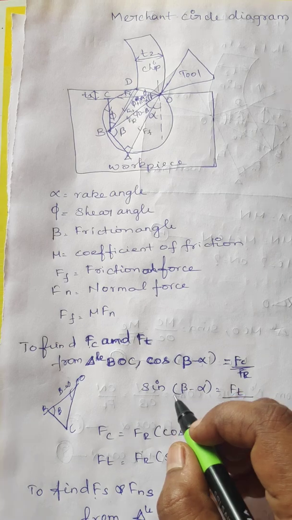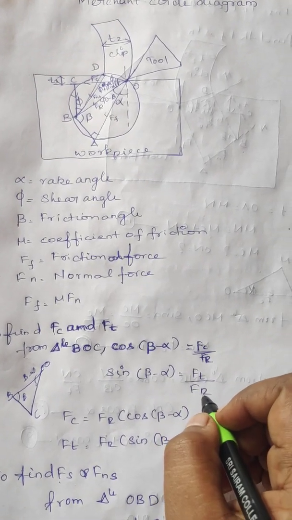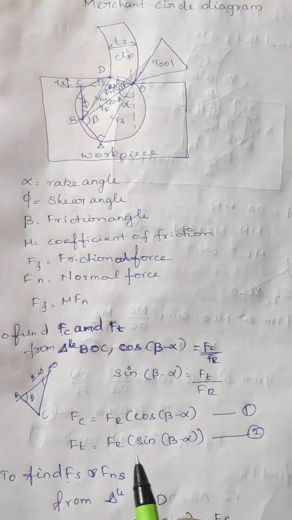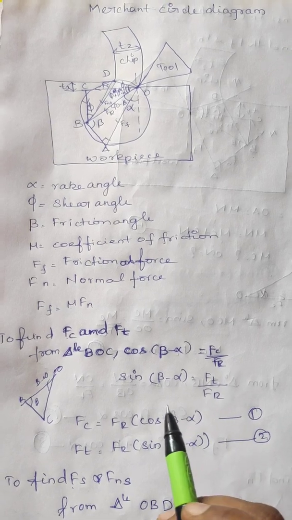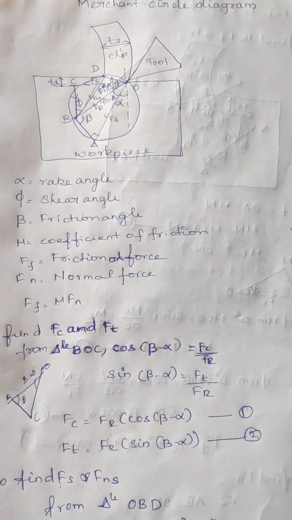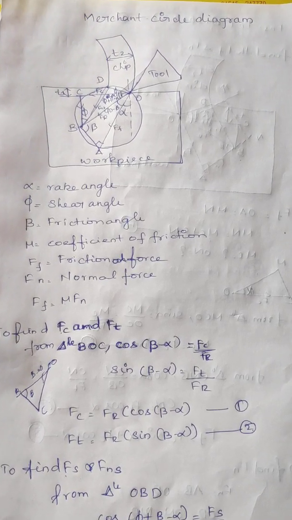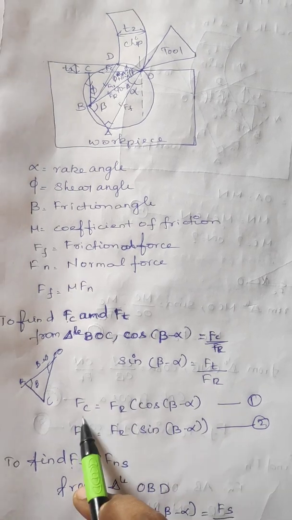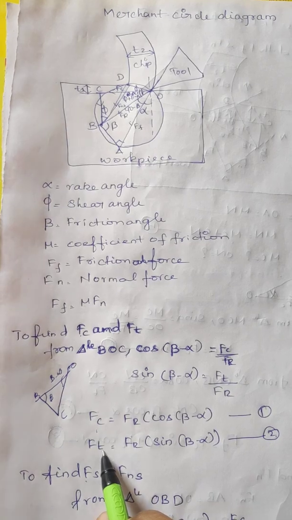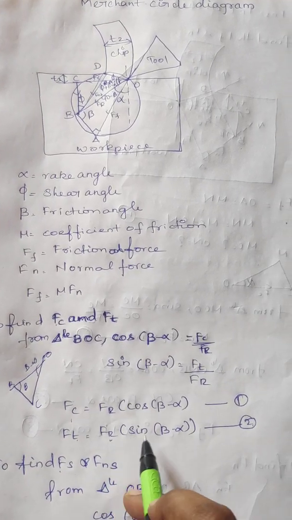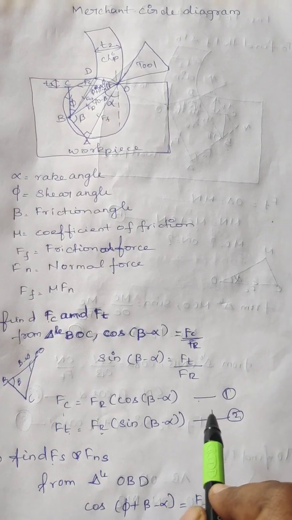Similarly, we can write it for sine also: sin(beta minus alpha) is equal to Ft by Fr. Here Fr is common, and it is the resultant force. Rearranging, Fc is equal to Fr into cos(beta minus alpha), and the thrust force Ft is equal to the resultant force into sin(beta minus alpha). We take these as the first and second equations.